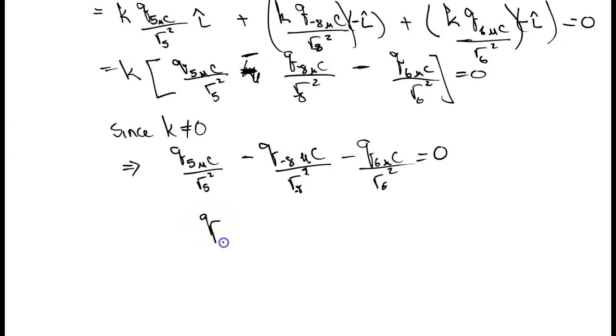Q6, I'm going to take the microcoulombs away, over R6 squared equals Q5 over R5 squared minus Q negative 8 over R negative 8, or R8 as we called it, squared.